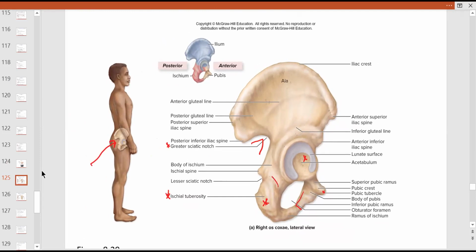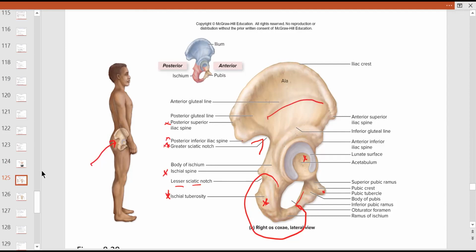And then this is all ischium. And here's the greater sciatic notch. The lesser sciatic notch, not so important. I probably don't ask that. But ischial spine, greater sciatic notch, ischial tuberosity, and posterior superior iliac spine, posterior inferior iliac spine.